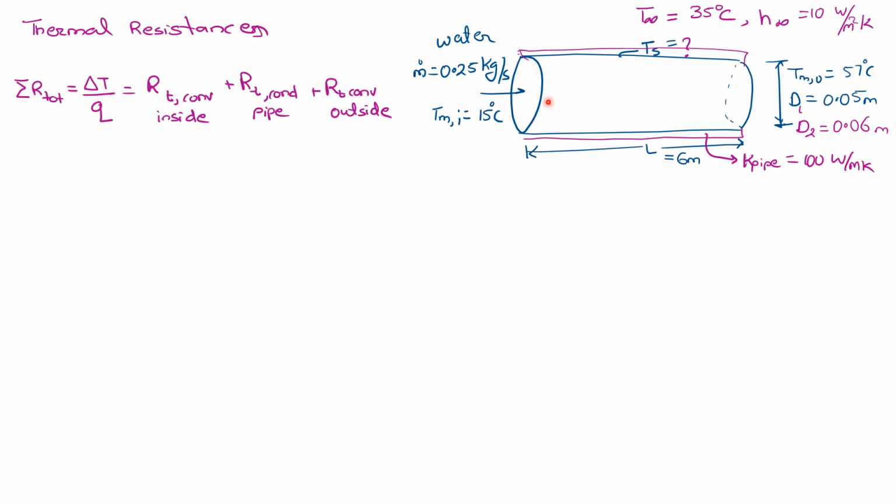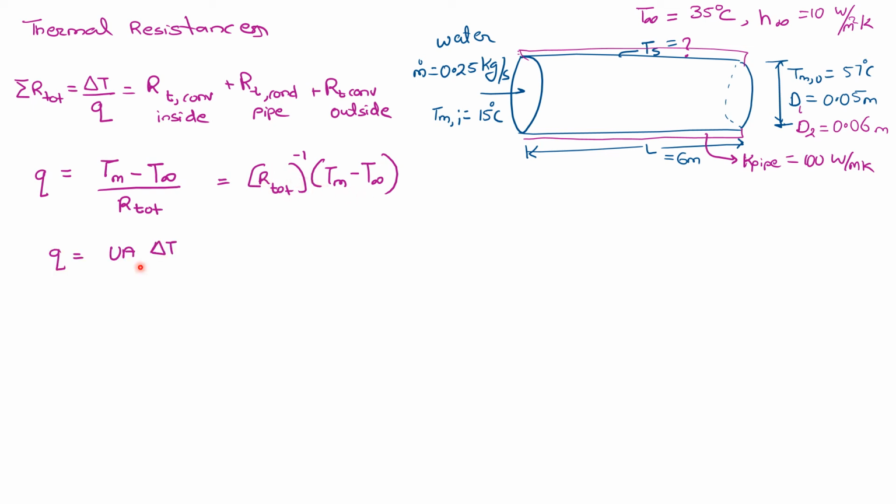So this will be equal to delta T by Q. Now I can write my Q as the mean temperature of the fluid inside minus the temperature of the surroundings, divided by the total resistance. If I rearrange this, I can write Q as the inverse of the total resistance times Tm minus T infinity, and I define the inverse of the total resistance as U times A, where U is the overall heat transfer coefficient. Usually U and A are written together, and we'll see why.